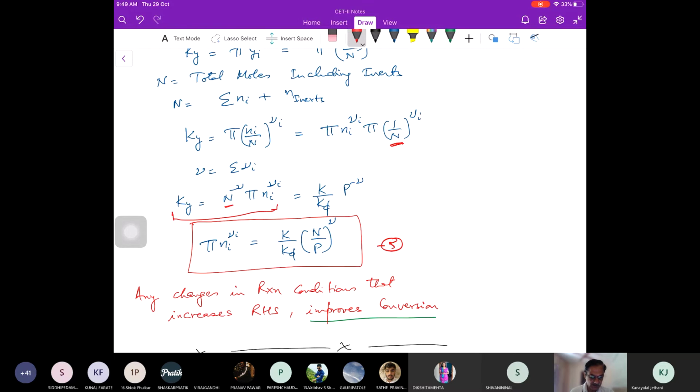So we can write this by keeping some terms on the left hand side, that is pi of Ni to the power of nu I on the left hand side, and n we brought to this side. n raised to the power of minus nu, brought here, becomes n raised to the power of plus nu, by K phi into n by P raised to the power of nu, right? Because P raised to the power minus nu was there, so we took the denominator, and this n came in the numerator. Any questions on equation 5?